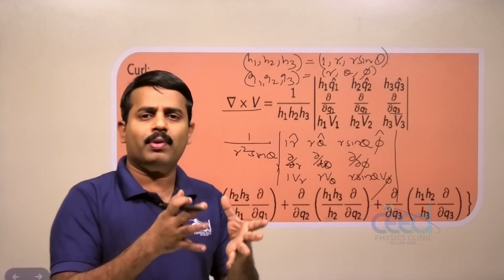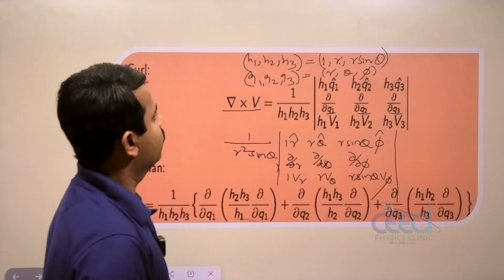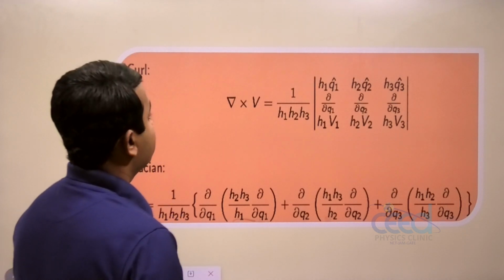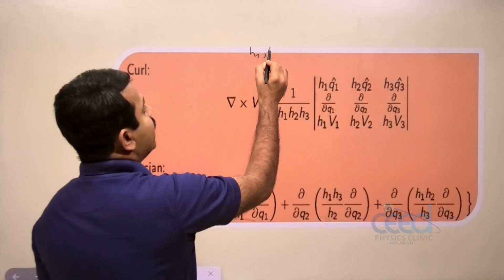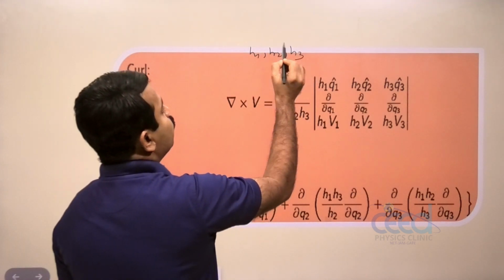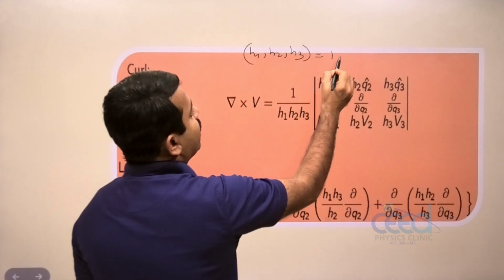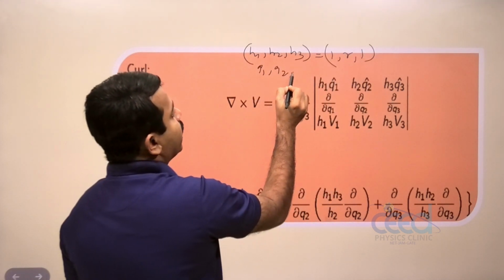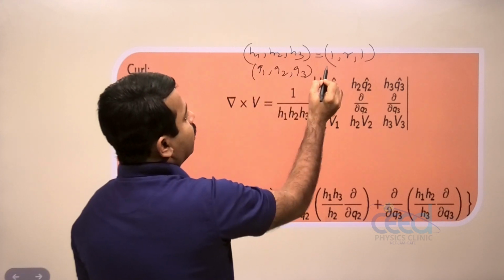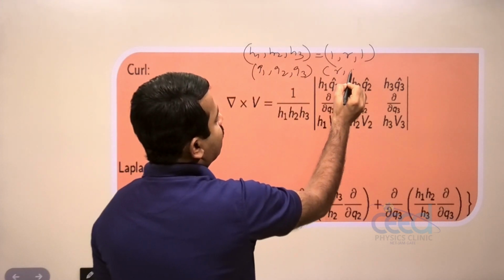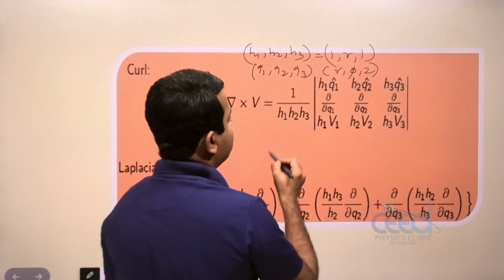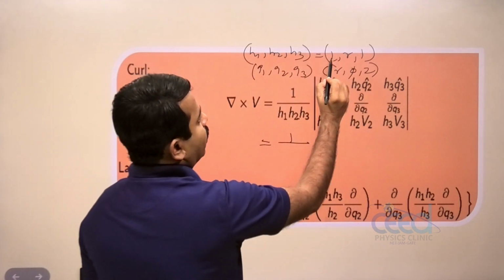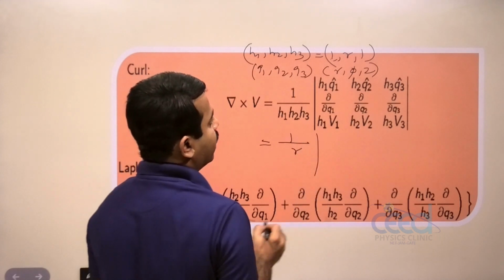Now we can simply represent a cylindrical polar coordinate system. In cylindrical polar coordinate system, what change do you bring? H1, H2, H3, you make as 1, R, 1. Alright? Q1, Q2, Q3 there, the coordinates are R, phi, Z. Now 1 by H1 H2 H3, that is 1 into R into 1, that is R, right.